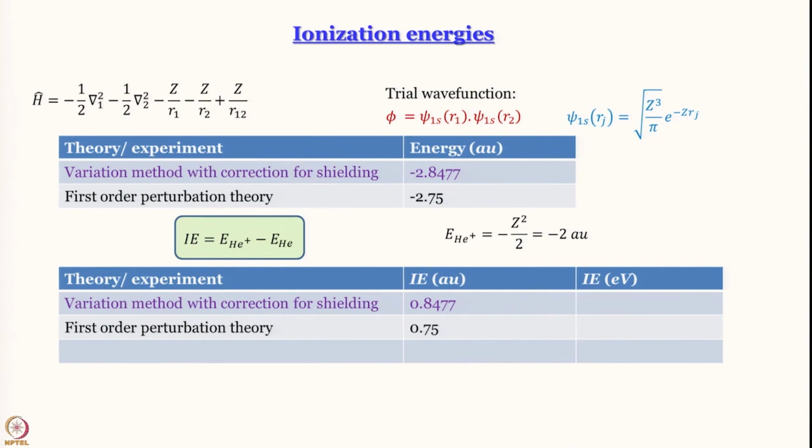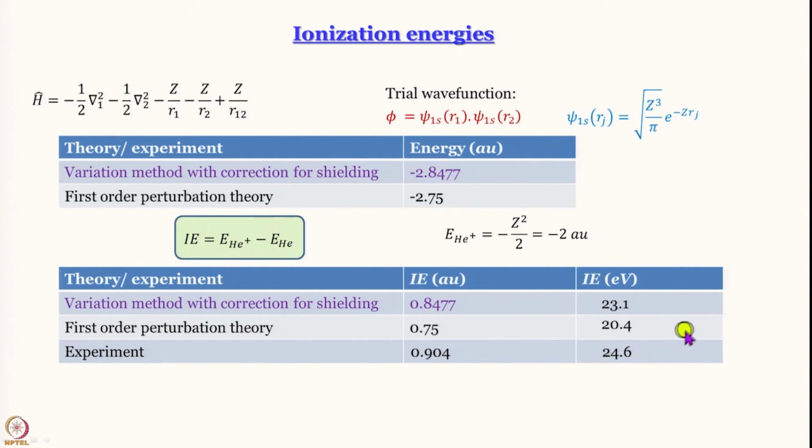You multiply by this 27.2, the numbers you get are 20.4 for first order perturbation theory and 23.1 for variation method. So, you see a significant difference is there between the two calculations, and then when you look at the experimental value 0.904, this is the correct value. Then you get an ionization energy of 24.6.